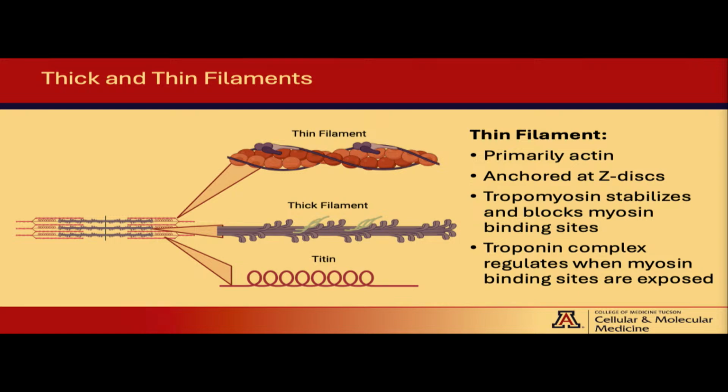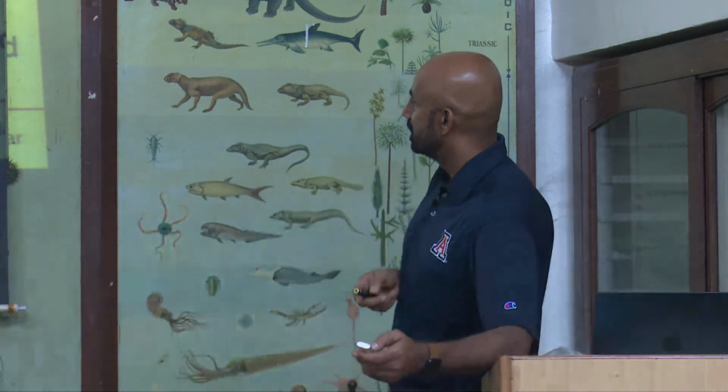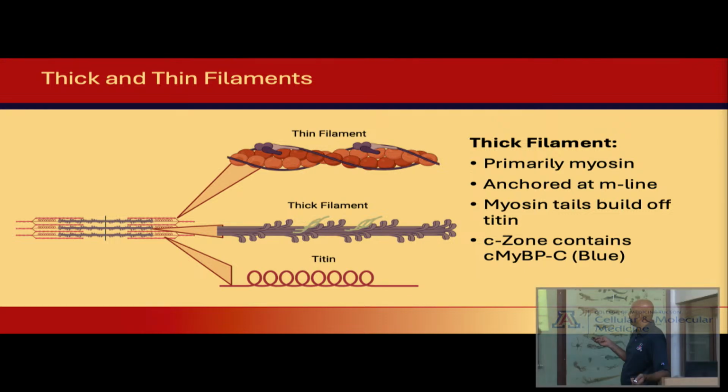Within the troponin complex we have three major proteins: troponin I, troponin T, and troponin C. Troponin C is the calcium binding protein, the C indicates that, and when calcium binds it releases the blockage, so that myosin can directly interact with actin and force can be generated. And then the thick filament proteins, primarily myosin, and also we have titin, and then myosin binding protein C.